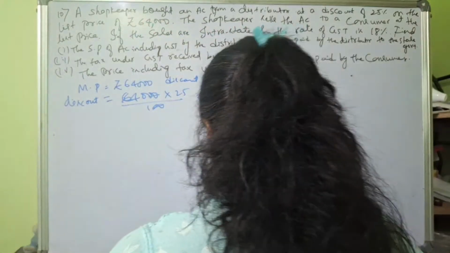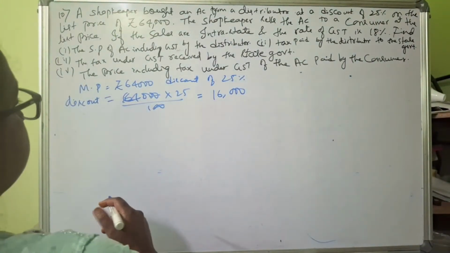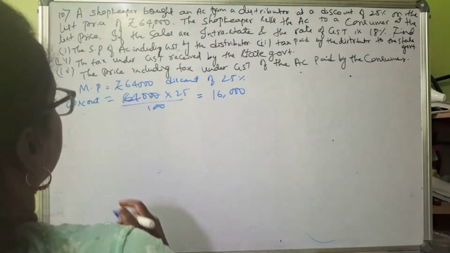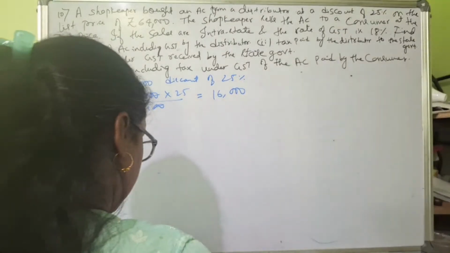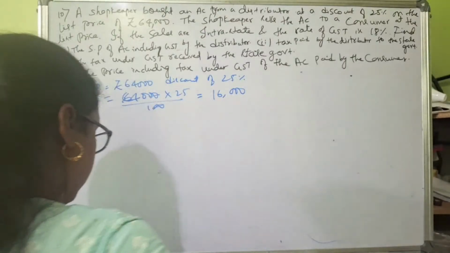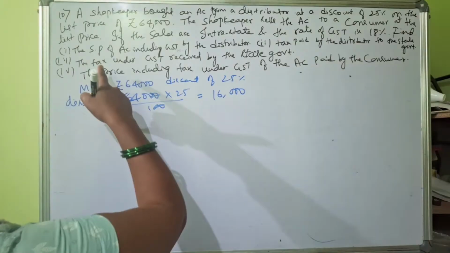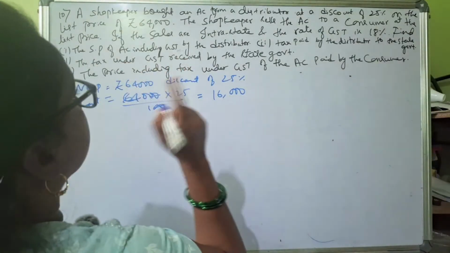Yeah, 16,000 is the discount, and the selling price including GST by the distributor.